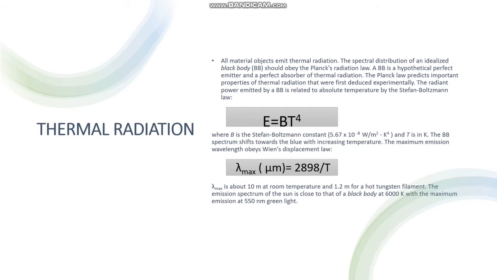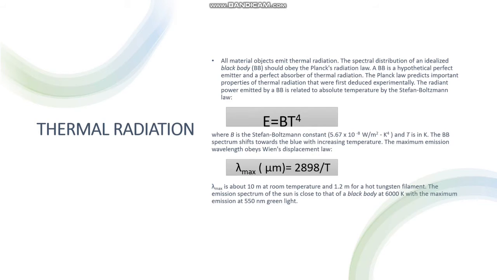The radiant power emitted by a blackbody is related to absolute temperature by the Stefan-Boltzmann law. As you can see in the formula, B is the Stefan-Boltzmann constant and T is in Kelvin. The blackbody spectrum shifts towards the blue with increasing temperature. The maximum emission wavelength obeys Wien's displacement law.